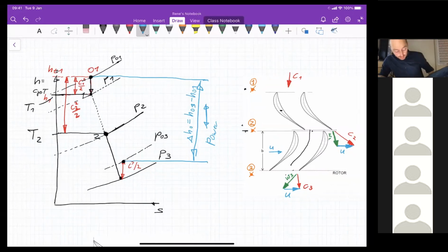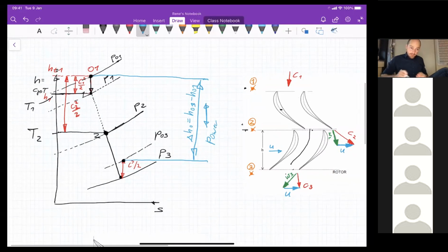But the thing is now, how does this work in this case? This is an HS diagram now for the rotor, for the turbine stage here. But the nice thing about the total enthalpy before was that I can say that the total enthalpy H total is constant if there is no heat transfer across the boundary.